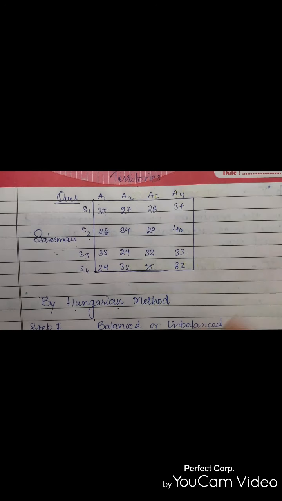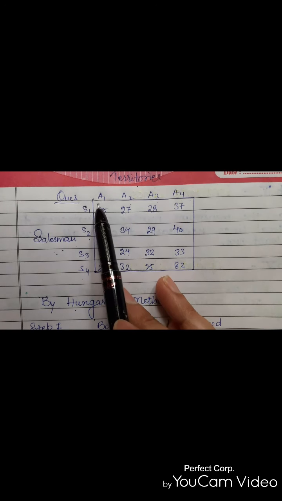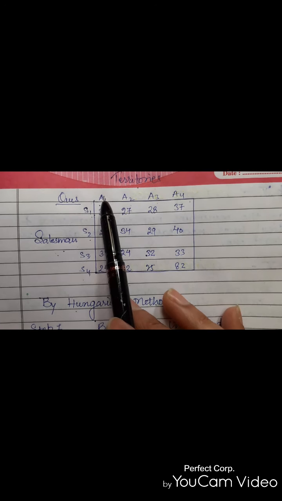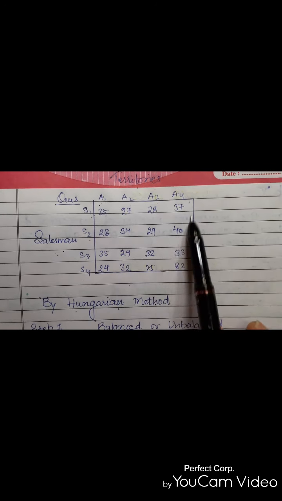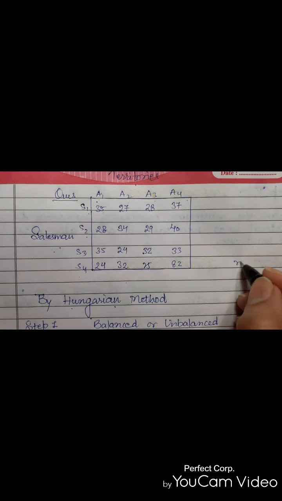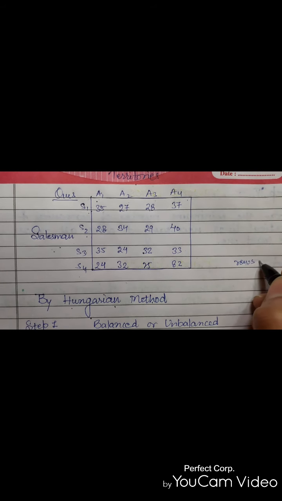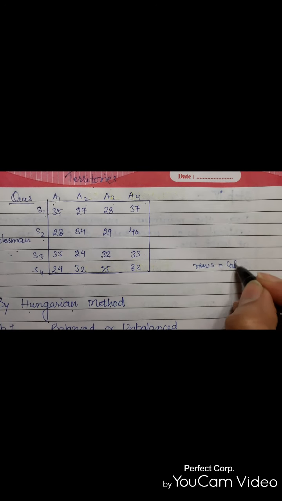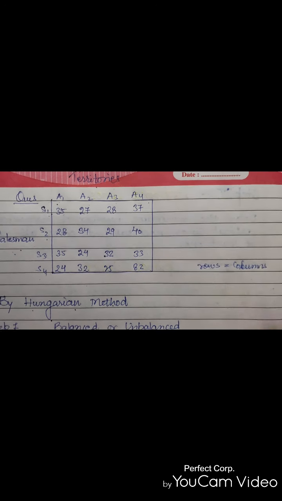Just count the number of rows and the number of columns. The number of rows are 1, 2, 3, 4. The number of columns are 1, 2, 3, 4. That means the number of rows and the number of columns are equal. Number of rows and number of columns are equal, right?